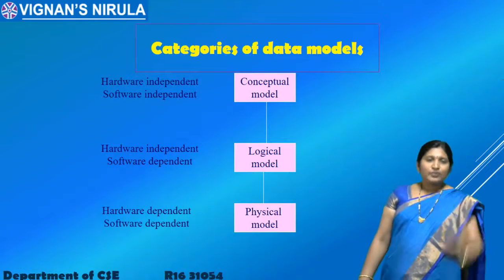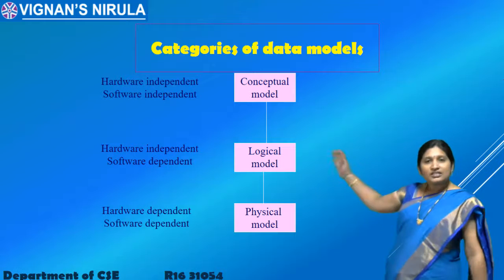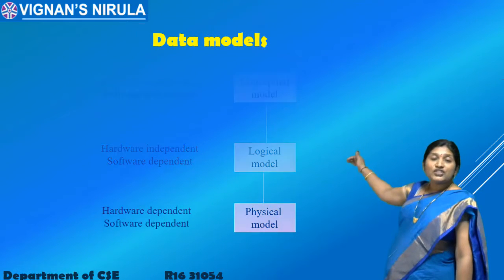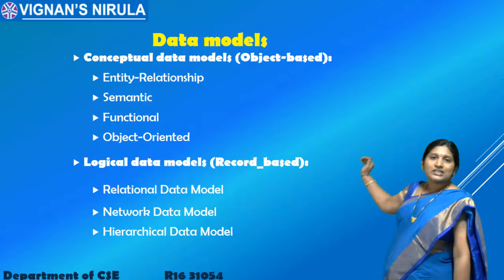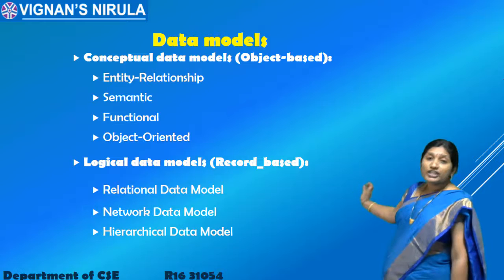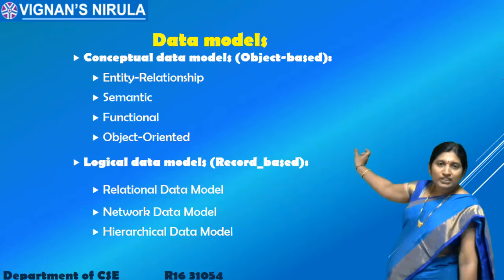Now we'll describe examples for these three categories. Examples of the conceptual data model are the entity relationship data model, familiarly known as the ER model, the semantic model, the functional model, and the object oriented model. These are only a few examples of conceptual data models.